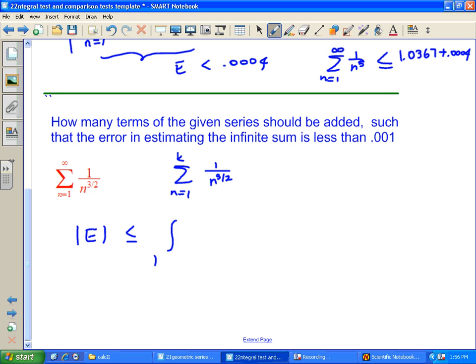From k to infinity of what function? n to the 3 halves, which is the same as, in our case, x to the 3 halves. So usually when we integrate, we like the variable x for some reason. We're just used to it, I guess. And we want the error to be less than 0.001.